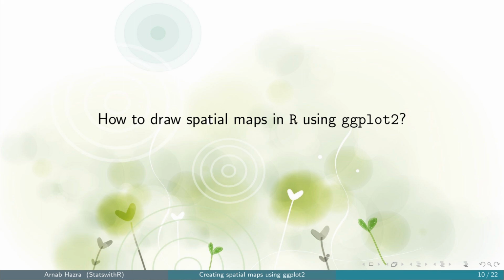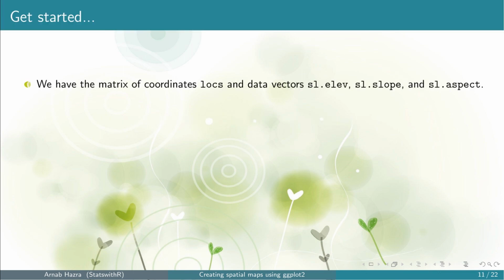Next, let's look at how to plot this spatial data using ggplot2. From the first part, we have locs, the coordinates, and sl.elev, sl.slope and sl.aspect, three terrain variables.